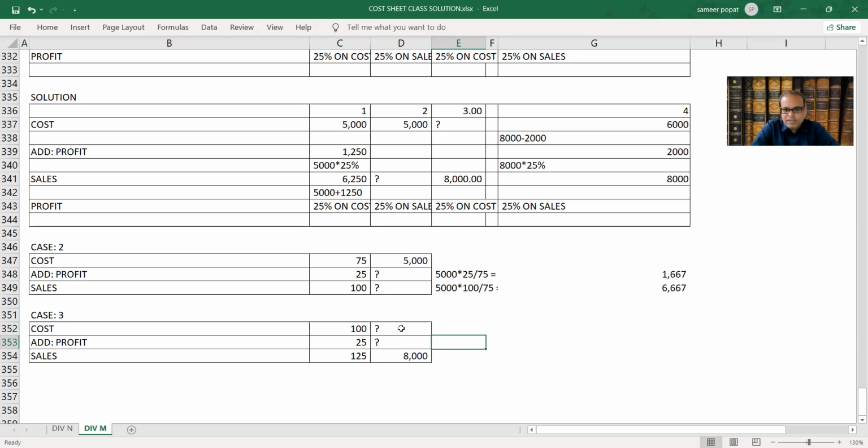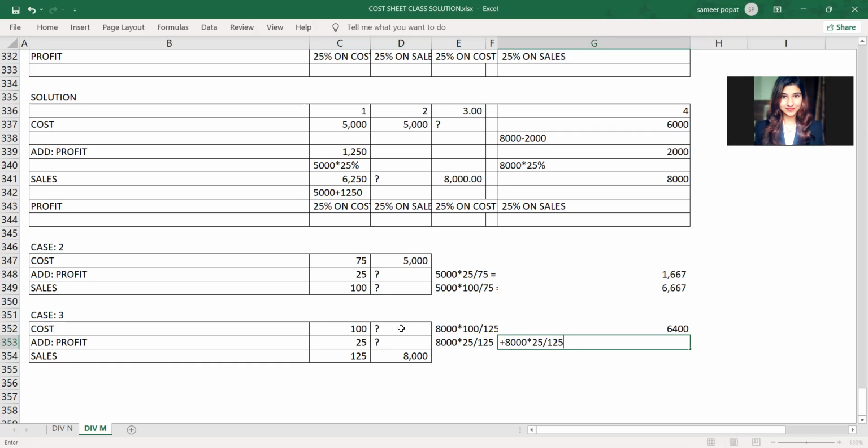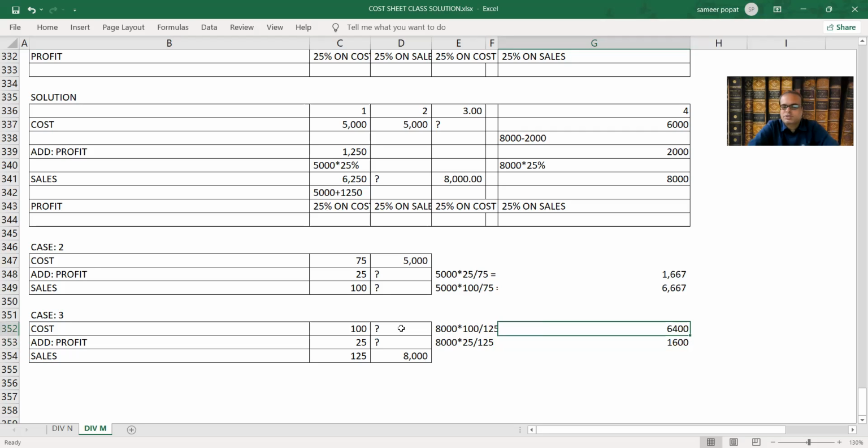So if I apply here 8,000 into 25 divided by 125, and here 8,000 into 100 divided by 125, it is 1,600 and 6,400. So this is your profit and this is your cost.